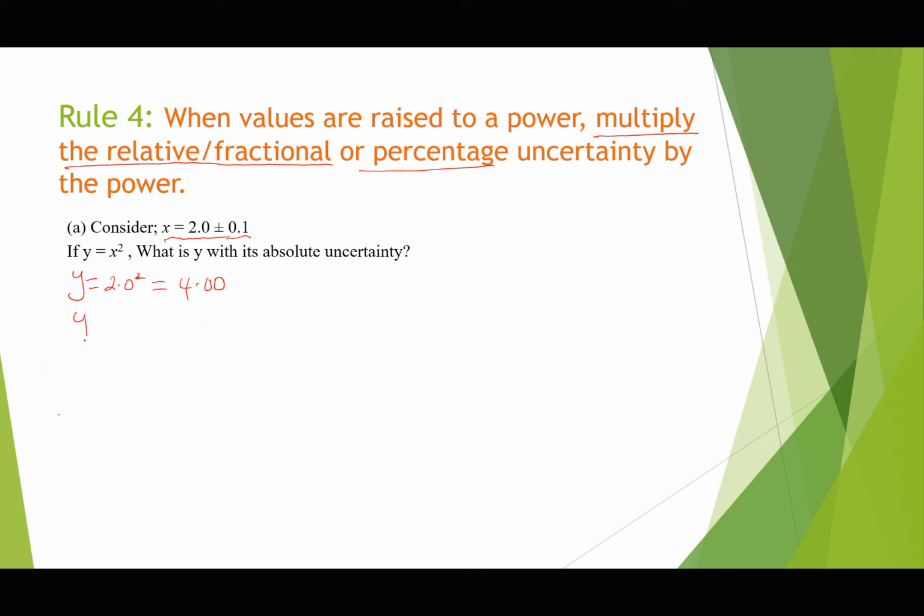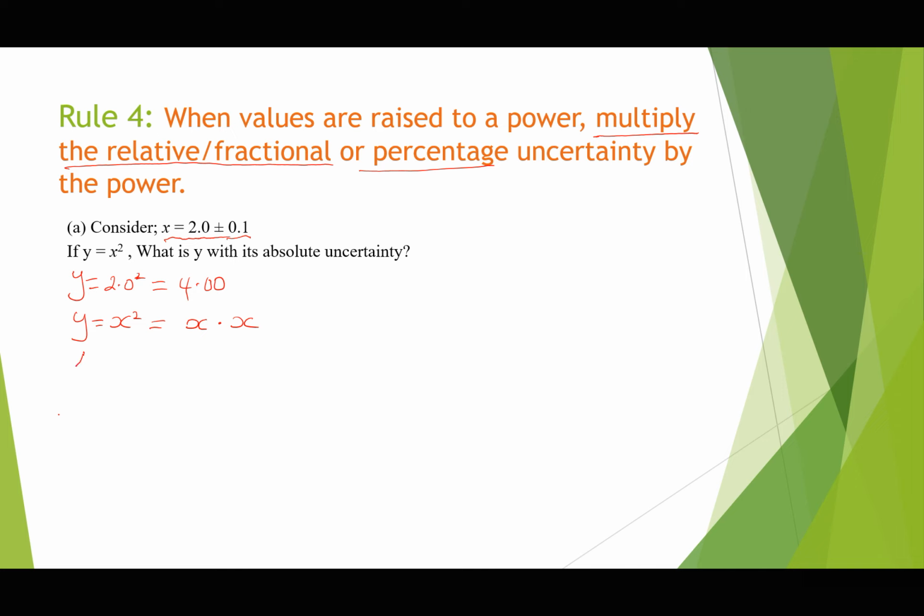So y defined as x squared is the same as x multiplied by x. Don't you notice that this takes us to rule number 2, the rule of multiplication? And the rule of multiplication is telling us that when you are multiplying quantities, you add the fractional uncertainties.